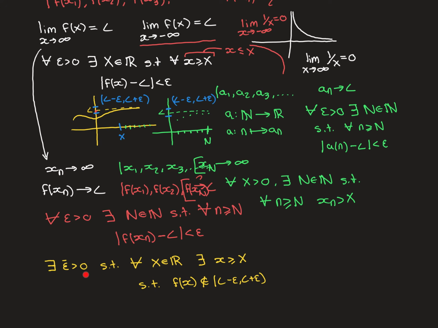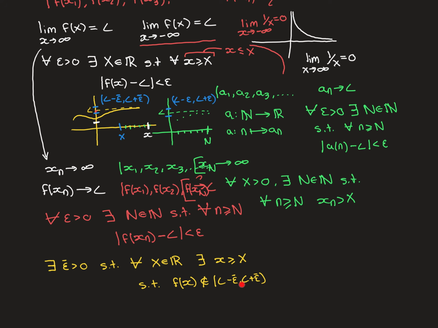So there must exist an epsilon bar greater than 0 such that the opposite of this is true, i.e. that there doesn't exist a big X. So for all big X an element of the real line, the opposite is true, i.e. that not all the points after them in the tail end of the domain are mapped into the epsilon bar interval around L. So there must therefore exist at least one point in that tail end, one little x greater than or equal to big X, such that if you look at where it's mapped onto, f of little x, it's not within the epsilon bar interval around L.